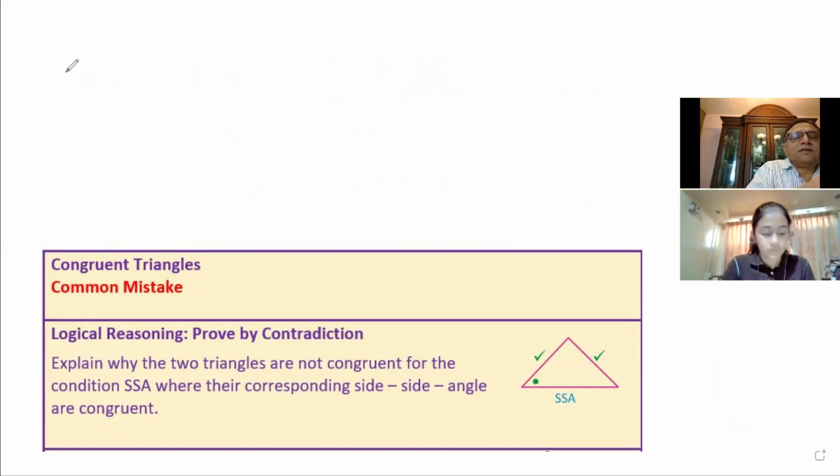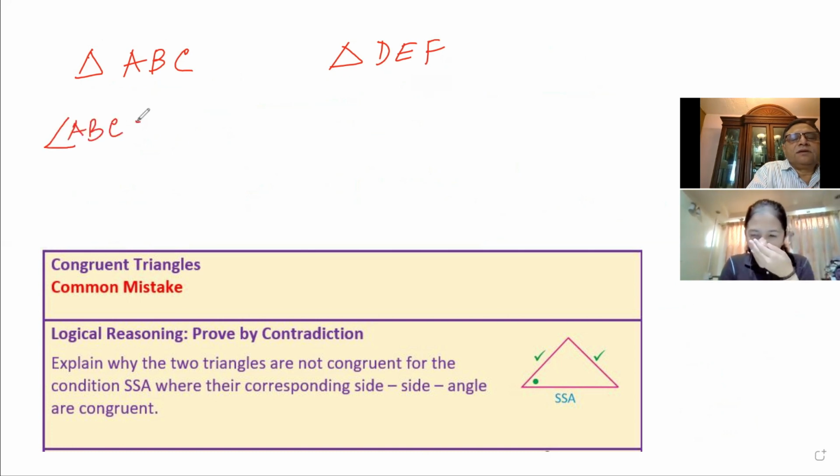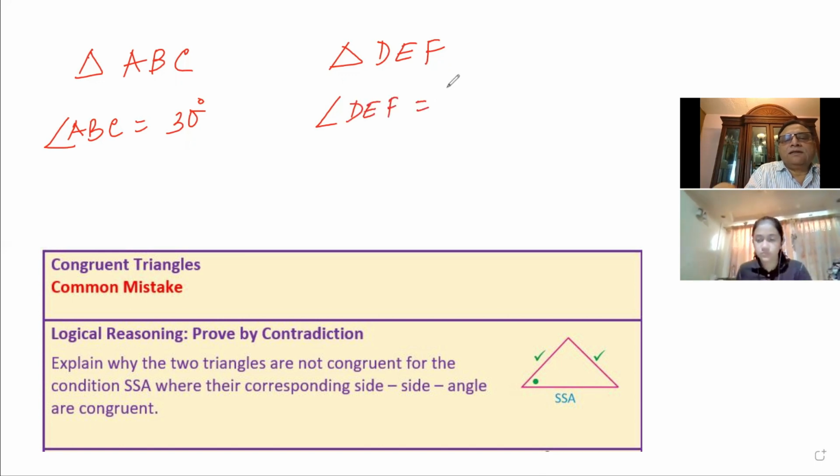So what I'm saying is I have a triangle ABC and I have a triangle DEF. In triangle ABC, I'm saying that the angle ABC is equal to, let us say, 30 degrees. And in triangle DEF, the angle is 30 degrees.